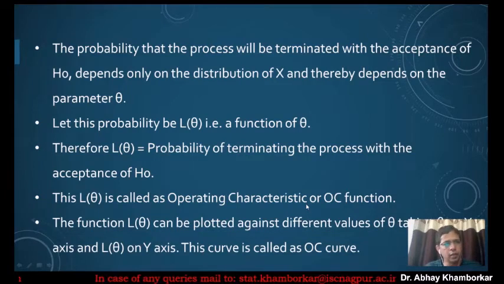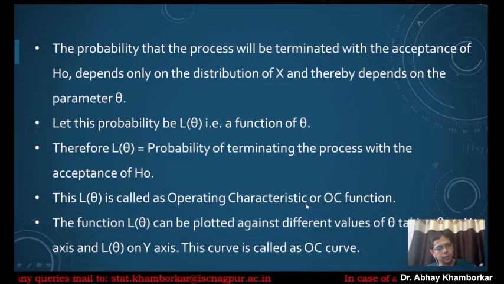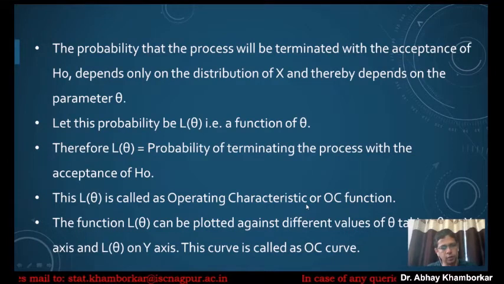The function L of theta can be plotted against different values of theta, taking theta on the x-axis and L of theta on the y-axis. So for different values of theta, if we compute L theta, then you will have a series of values of L theta.